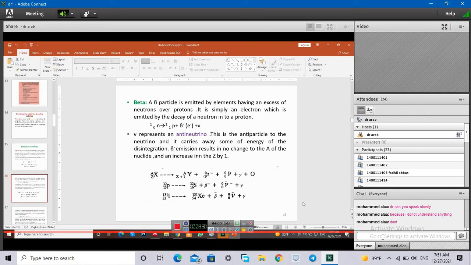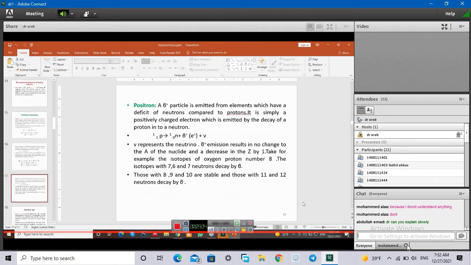One of them is conservation of charge, another is conservation of mass, and the last is conservation of energy. It is important to know that in each radionuclide process we have these three rules: conservation of charge, conservation of mass, and conservation of energy. And antineutrino in this equation is produced to conserve the energy between the 2 sides of the equation.